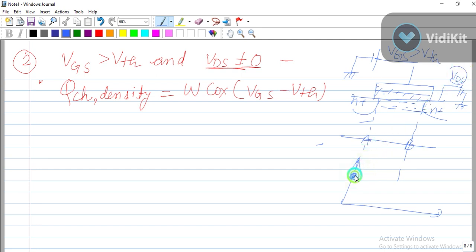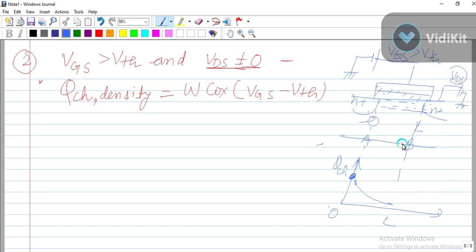And see, the Q channel will reduce like this. This charge concentration will reduce from 0 to L.